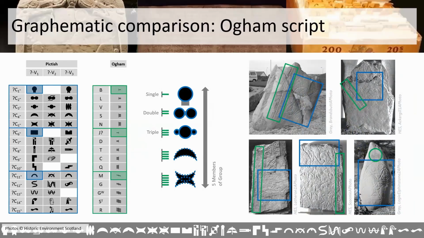And if we look at the way that the Ogham consonants of the core inventory work, they're formed by one of three elementary forms, transformed in one of five regular ways. So they form these families of basic shapes. And more than that, three of the transformations are exactly the same: a single, double, and triple instance of the elementary form.